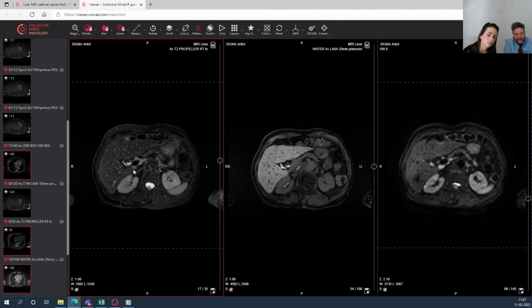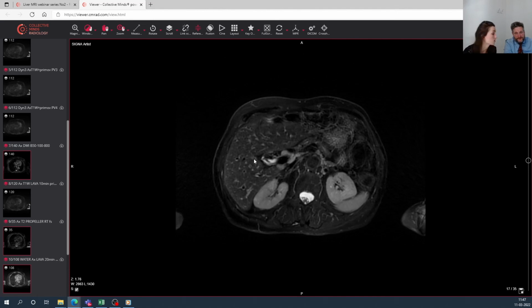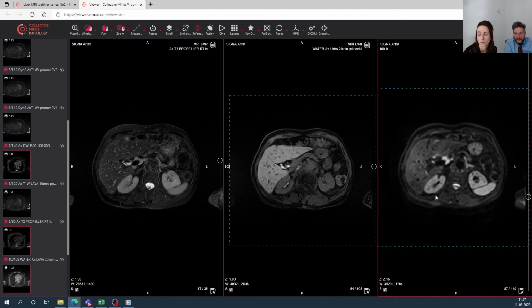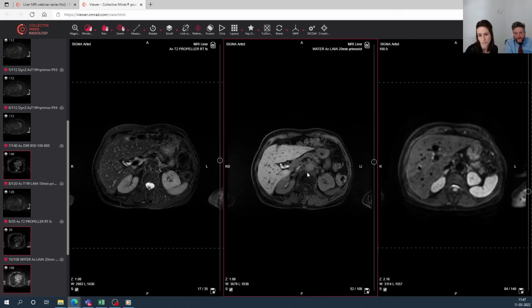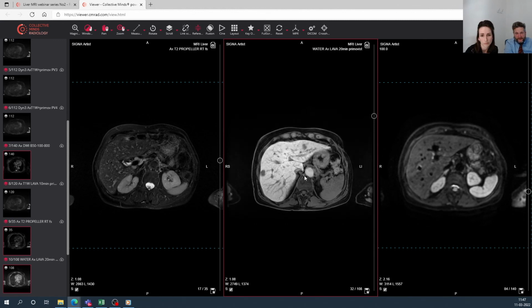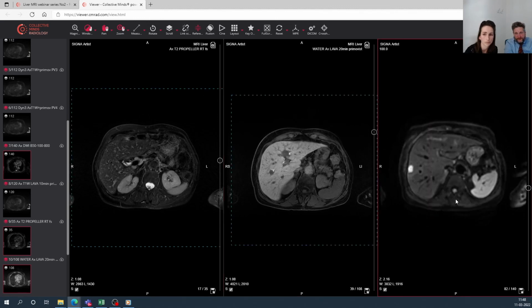There could be something here. You see the lesion here on T2. Okay, so this is another small one. This is for sure another metastasis. And then let's go further. So we really have to look at every small pixel to know if there's something corresponding on the other sequences.